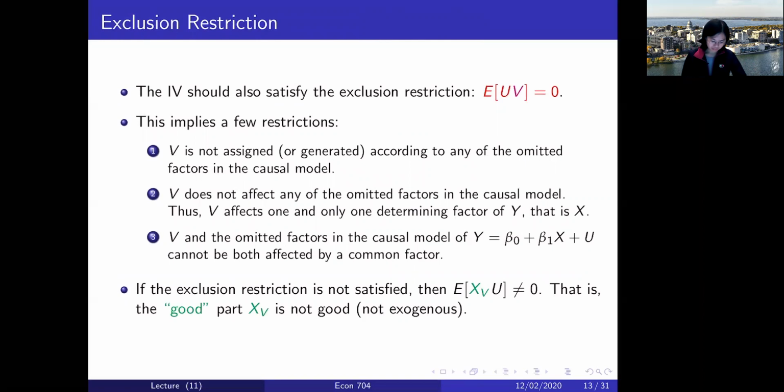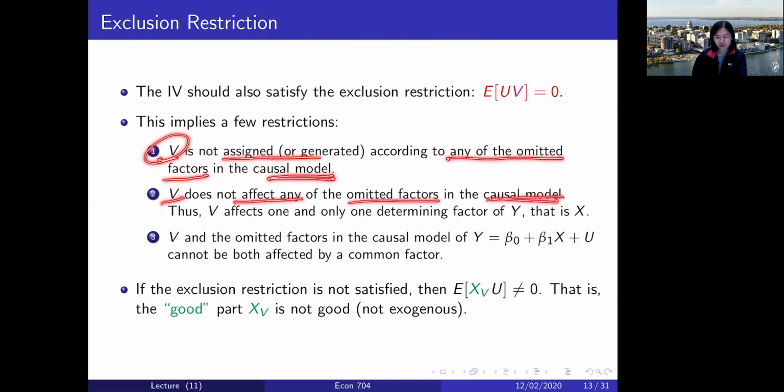Crucially, I also want to talk a little bit more about the exclusion restriction, which says the instrumental variable should not be correlated with the structural error term U. This implies a few things. One is that V should not be assigned according to any of the omitted factors in the causal model. And V should not affect any of the omitted factors in the causal model.